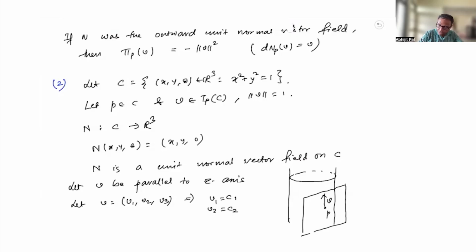Okay. So now let alpha t equal to P plus tB.